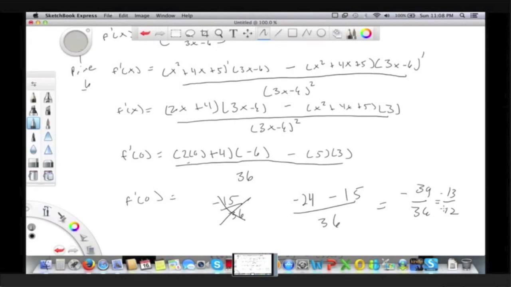What does it mean to increase by -13 over 12? It means to decrease by 1.083. Yeah, or by 13/12. Right. So we can say that if x increases from 0 to 1, the function decreases by approximately 13/12.